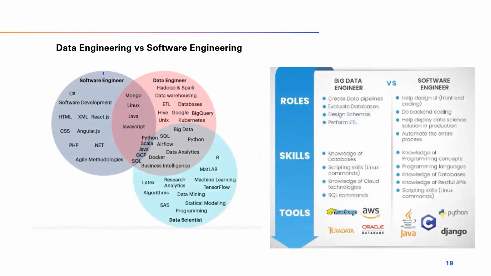So now the question comes: what is the difference between data engineering and software engineering? We as data engineers build data systems and databases, while software engineers build applications, Android apps, products, software. Software engineering is a broader role.